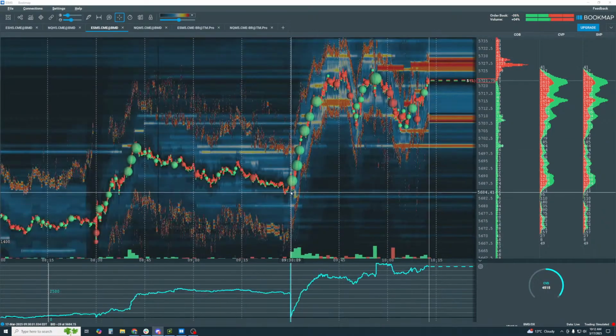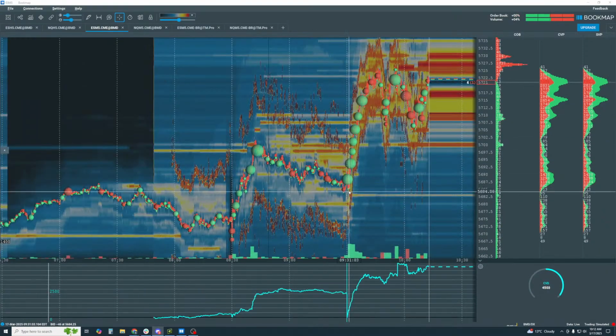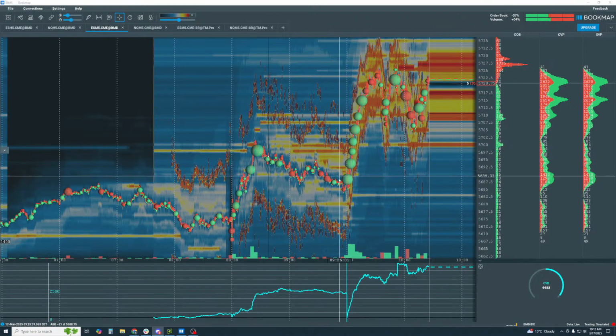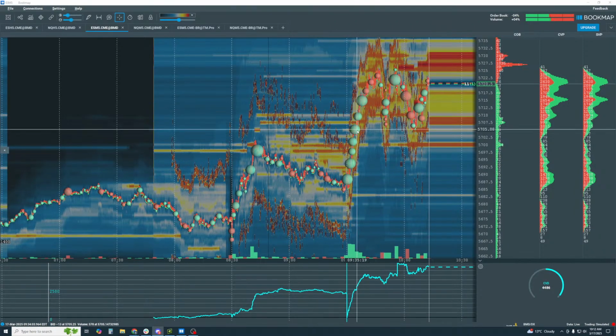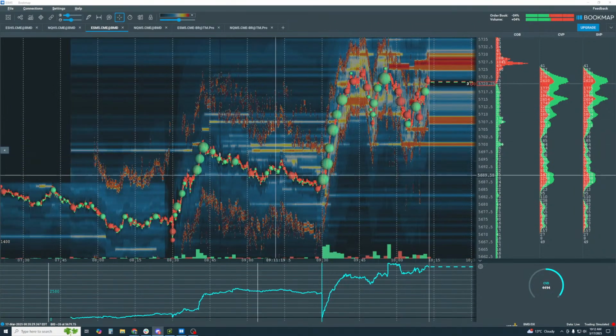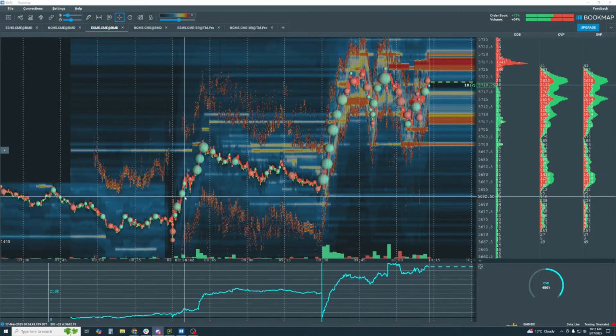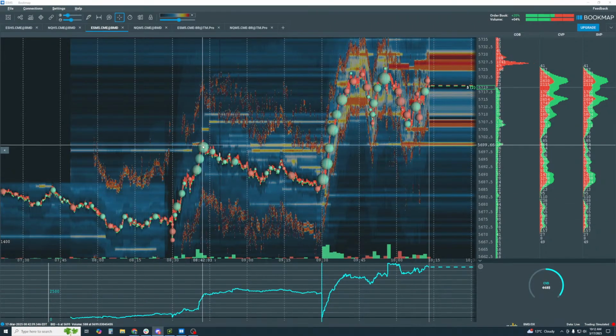You can see this is a really nice pattern in here. I was able to grab some of this on the way up. Very, very strong move to the upside, right after the data for retail sales.